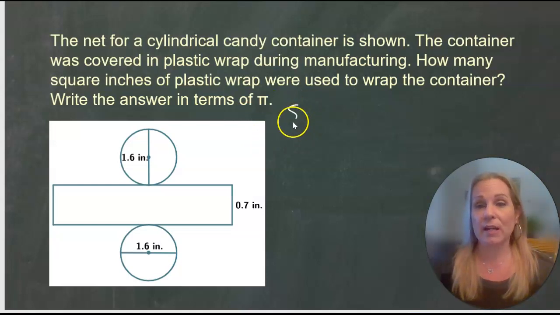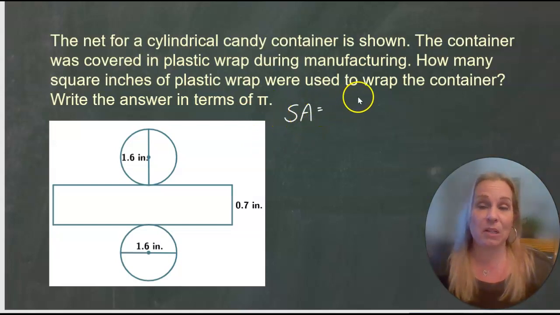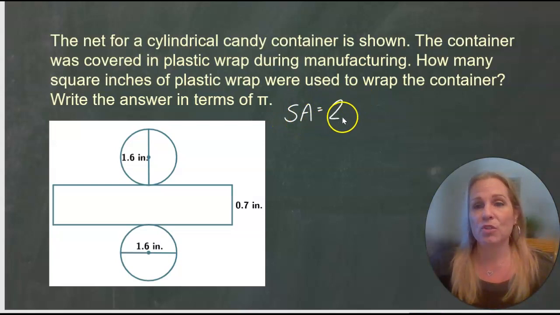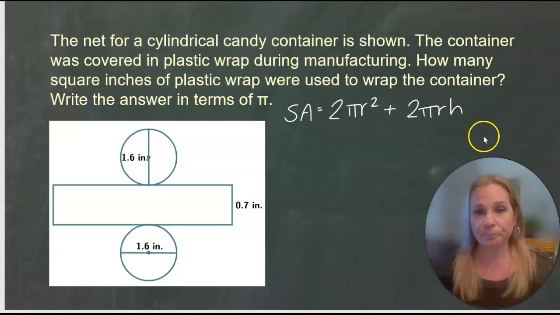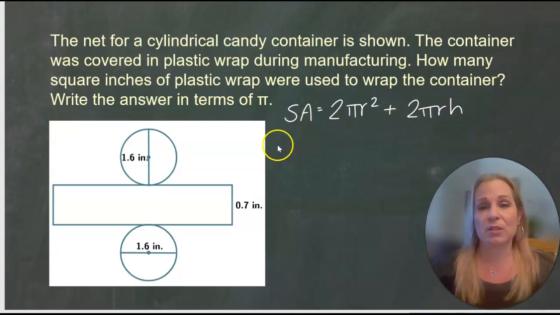Okay, so I'm going to write out our formula. This time I am going to use the formula. So 2 times the area of our circle plus the circumference times the height of the cylinder, right? Now you know where those 2 parts come from. Okay, so let's do it. So we've got the area of the circle. We need to know the radius.